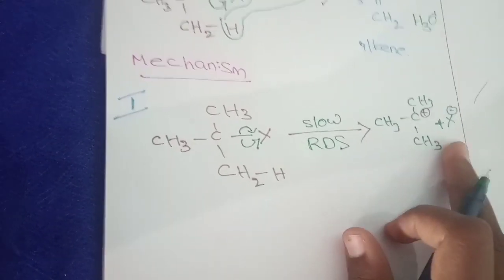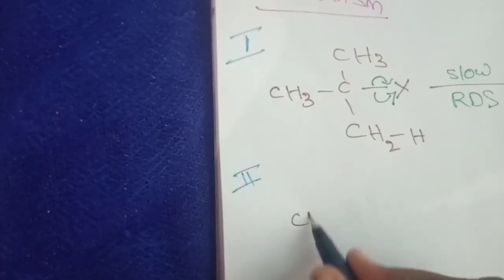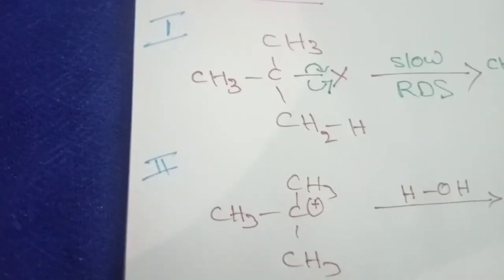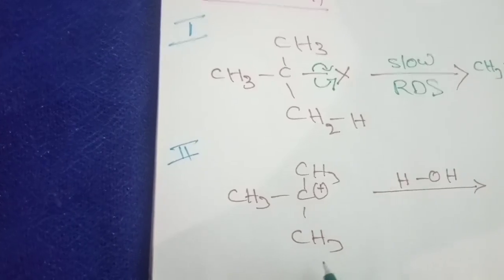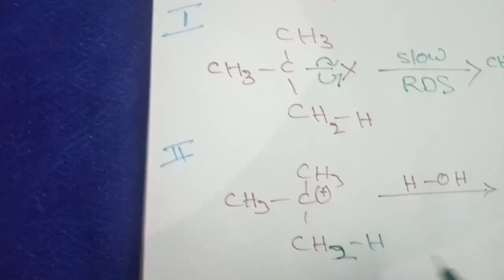See students, in the first step carbocation is formed and halogen is removed. In the second step, what will happen? In the second step, the carbocation and base, that means water, we can write as HOH. Here CH3 also we can write as CH2H for our convenience.